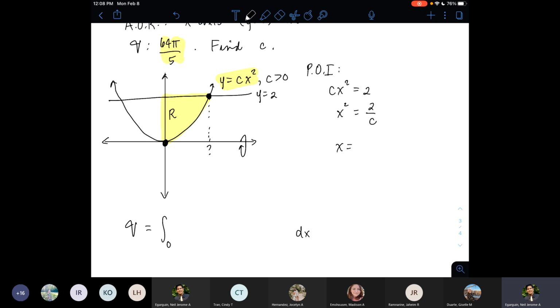So we get x equals plus or minus root of 2 over c. But we are in the first quadrant, so our only choice is x equals the positive root of 2 over c. So here we'll have root of 2 over c as our upper bound, which is perfectly fine because we are assuming that c is just some constant.